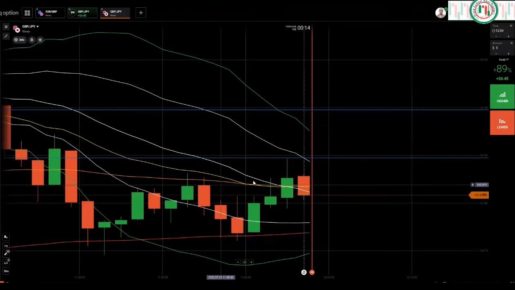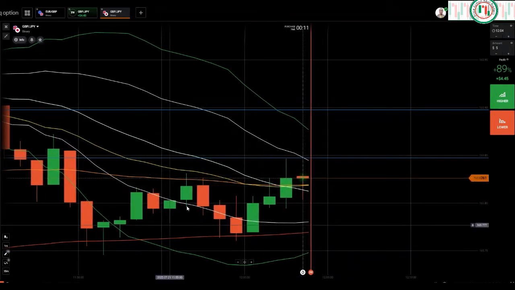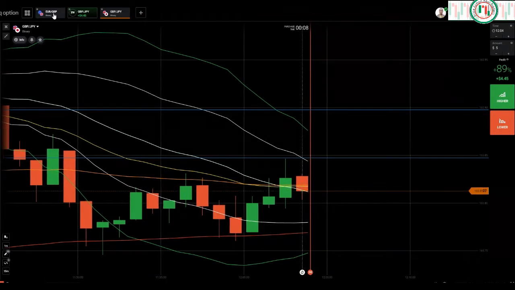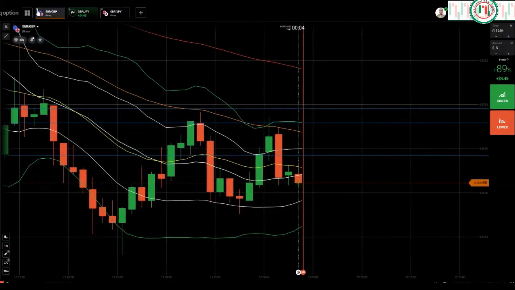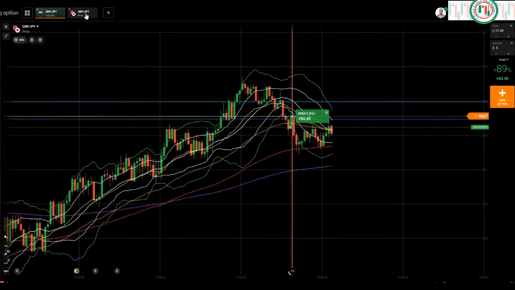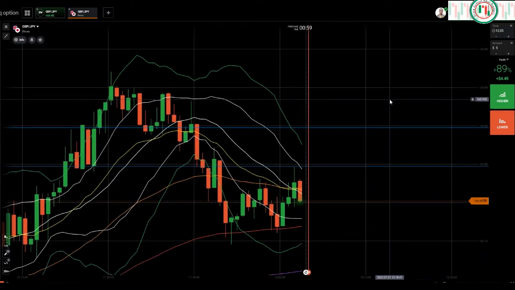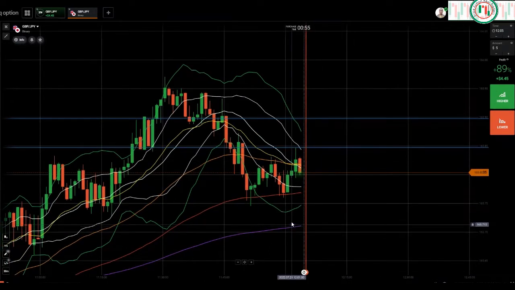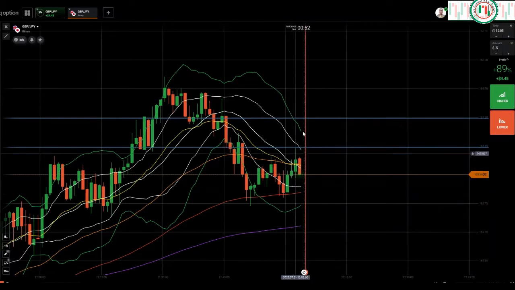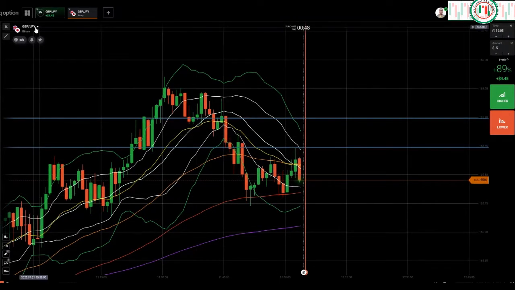Even if the market has gap everywhere, you see, everywhere is gap. So it's not nice. But here you have like strong uptrend. No, this is not strong.